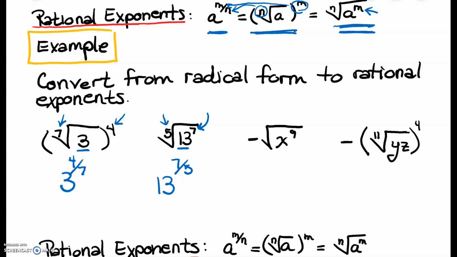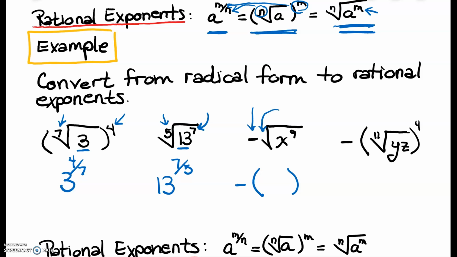And then I'm going to do the next example, and I notice this time that I have a negative on the outside. So I'm going to need to have parentheses here because I'm not going to put my negative inside parentheses. All right, so I'm missing my index on this one.